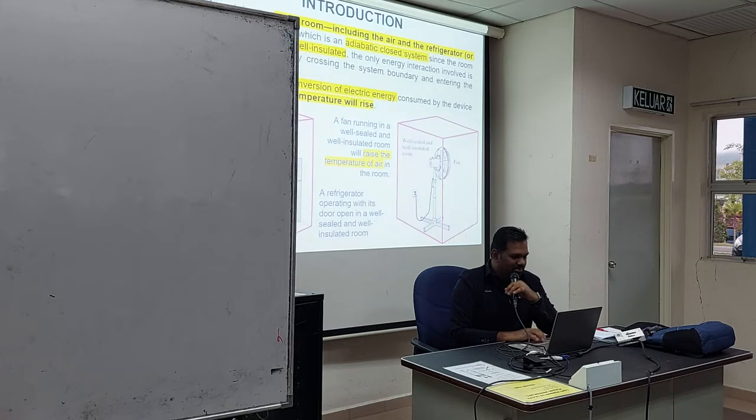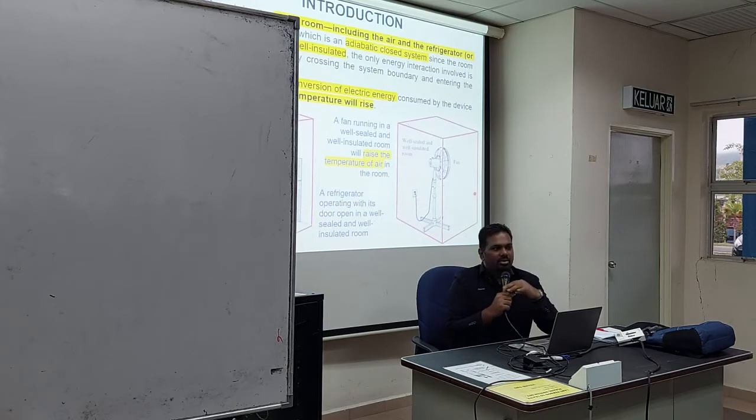Kalau you baca dekat sini lah, you akan tahu jawapan. The only energy interaction involved is the electrical energy crossing the system boundary. Sebab dari luar, apa yang masuk adalah electrical energy, and dalam belakang refrigerator ataupun fan ni dia ada motor ataupun some system.